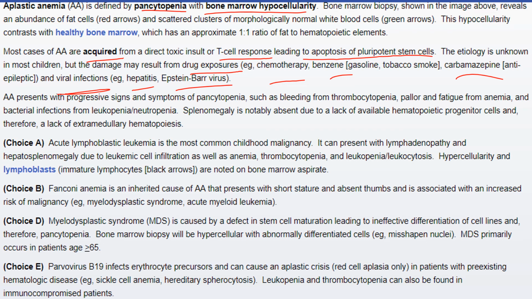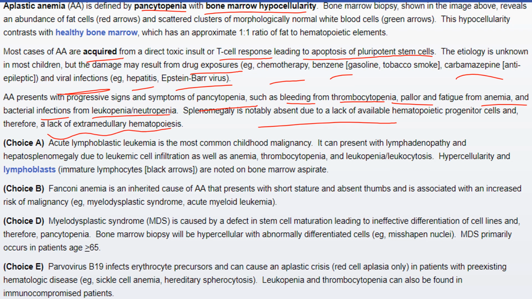It presents with progressive signs and symptoms of pancytopenia, such as bleeding from thrombocytopenia, pallor and fatigue from anemia, and bacterial infections from leukopenia or neutropenia. Splenomegaly is notably absent due to lack of available hematopoietic progenitor cells and therefore a lack of extramedullary hematopoiesis.